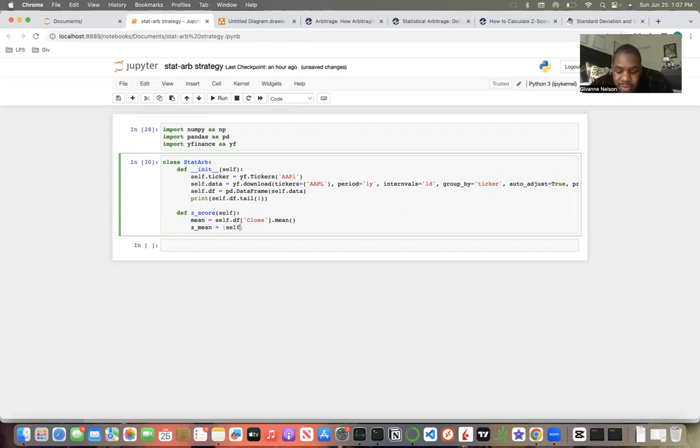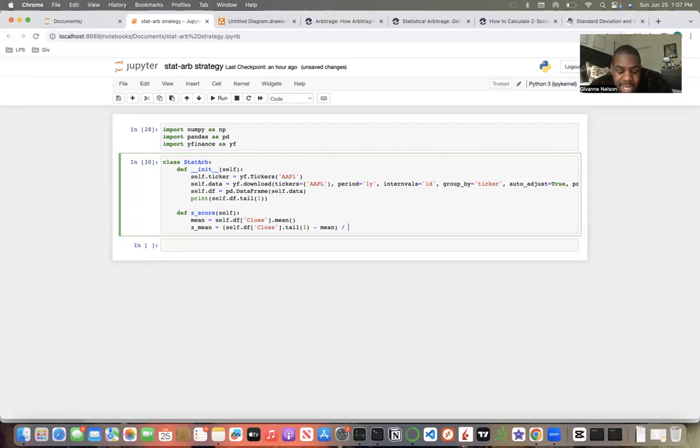So we do self.df close, and we need the tail object 1. And now we need to subtract the average. And guess what?